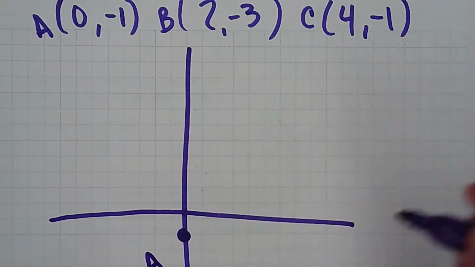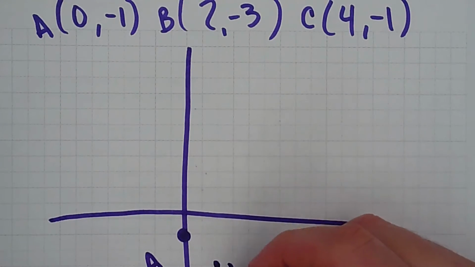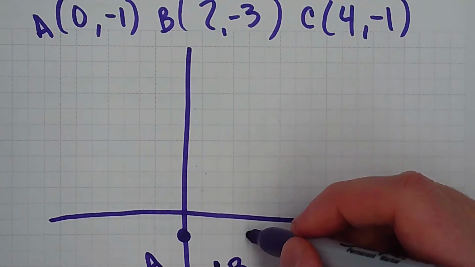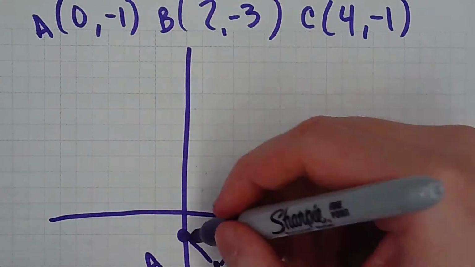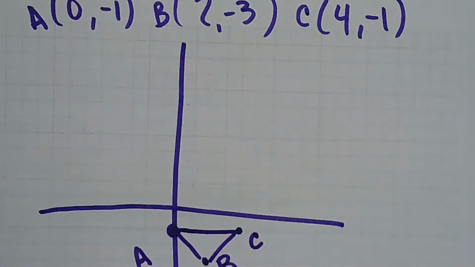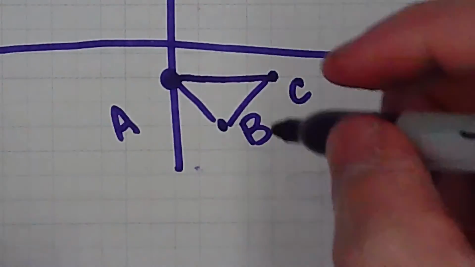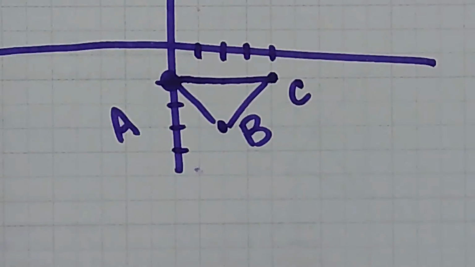This is A. 2, -3 is B. Oh God, is it going to be a tiny triangle? And then 4, -1. Oh God, it is tiny. So there's our little triangle. I'll blow it up so it's not so tiny. Let me do some hash marks here as well. Okay, so there's our tiny little triangle.